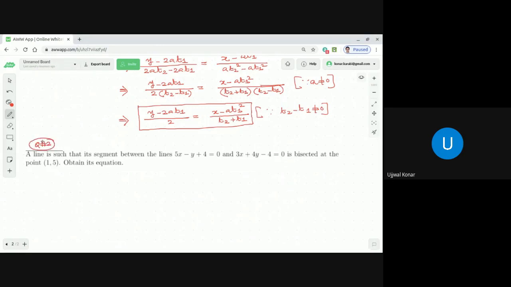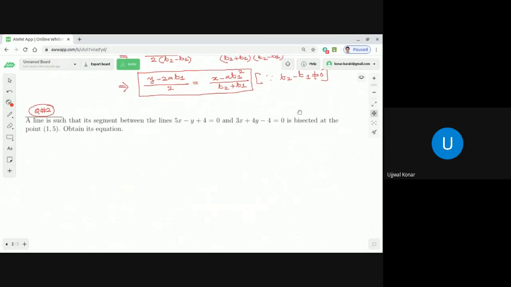A line such that, first let us draw this entire situation. Let us give a visual representation of the problem. A line is such that its segment between the lines 5x minus y plus 4 equal to 0 and 3x plus 4y minus 4 equal to 0. So let me first draw.